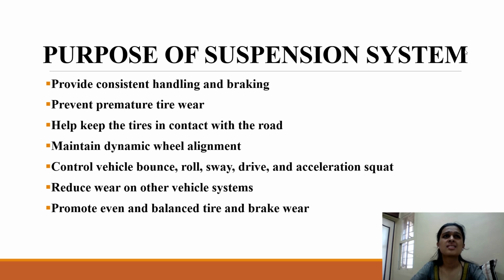So what is the ultimate purpose of the suspension system? It must first provide consistent and very good handling of our vehicle. The braking system of our car must be excellent. The car must be prevented from any premature tire wear and tear. The suspension system must always help in maintenance of the wheel alignment.